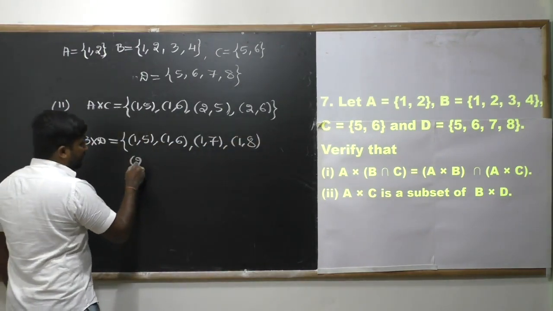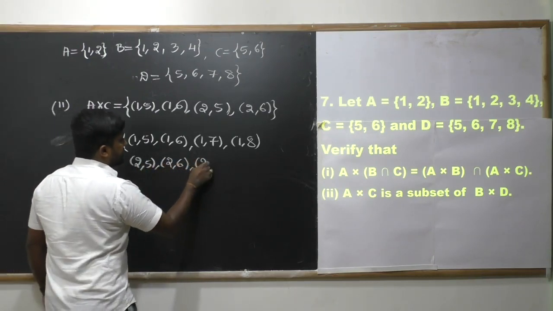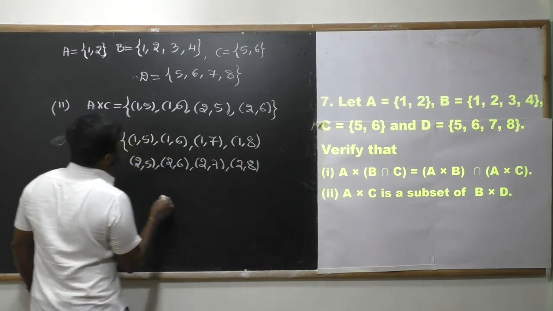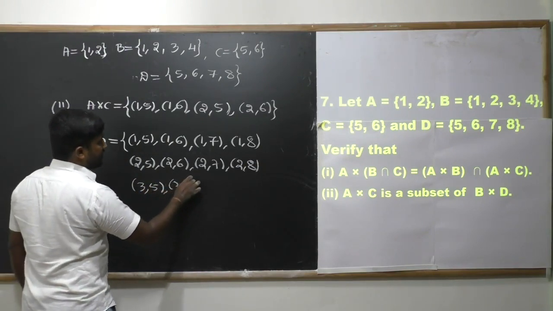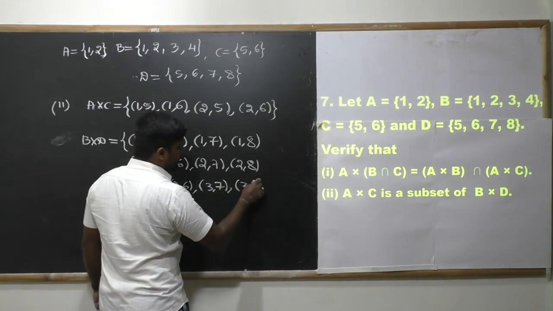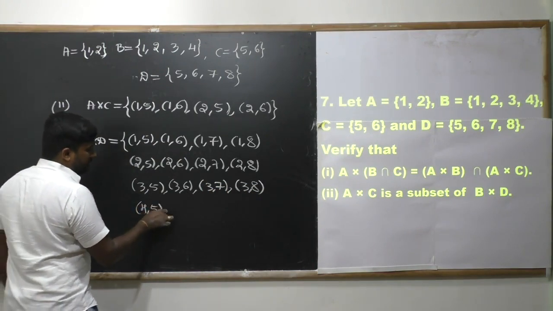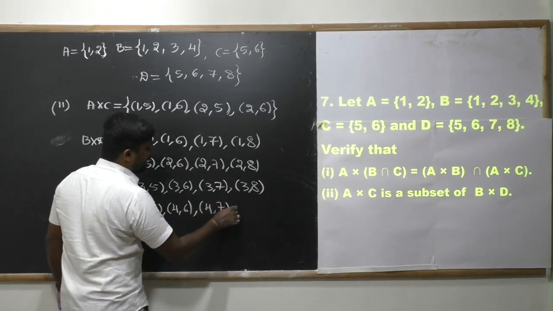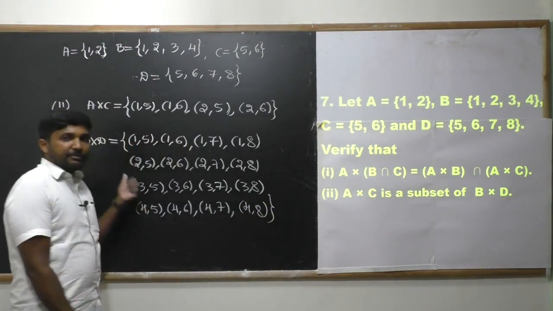Next, ordered pairs (2,5), (2,6), (2,7), (2,8), (3,5), (3,6), (3,7), (3,8), (4,5), (4,6), (4,7), (4,8). This is B cross D.